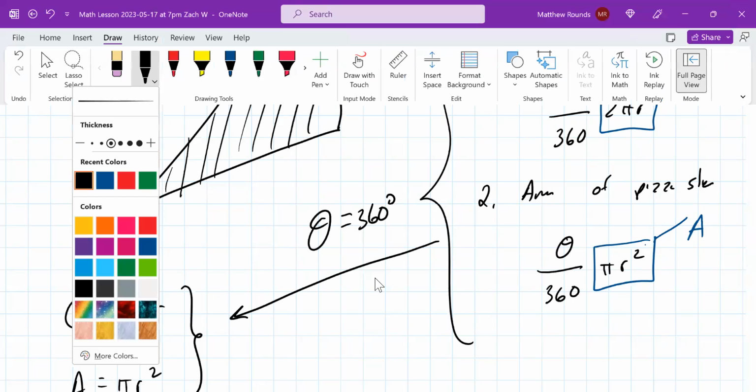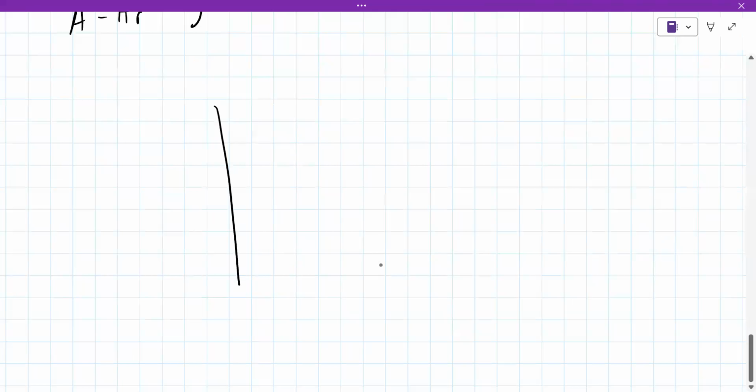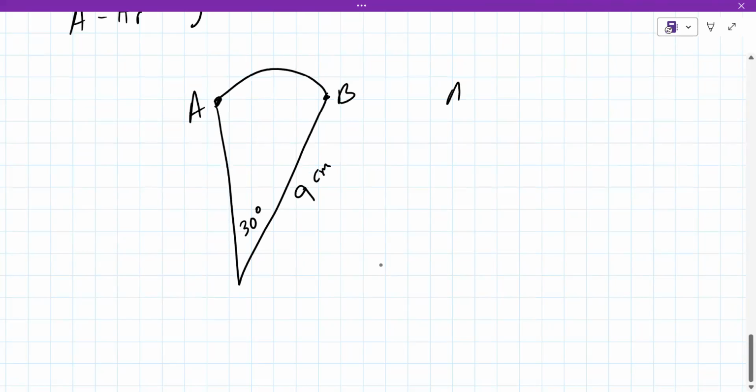I'll give you an example problem here, one to try. So let's say, again, I'm going to give you the pizza slice here, and this is 30 degrees, and the radius is 9 centimeters. We want to first find the length from A to B. That is going to be 30 over 360 times... Okay, we want the length, like a linear walking distance.